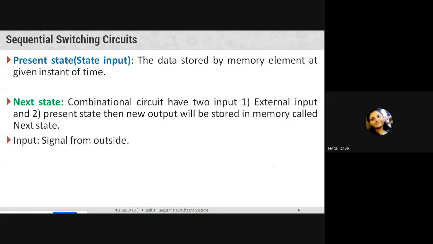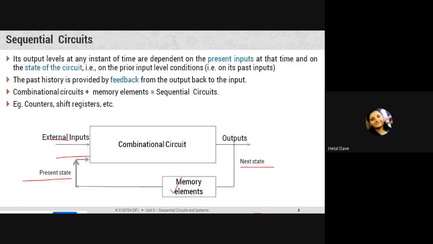External input is a signal from outside the circuit. It is called external input. External output is a signal that will be applied to any external circuit. So here the external input will be taken from an external circuit. This is called external input or only input.